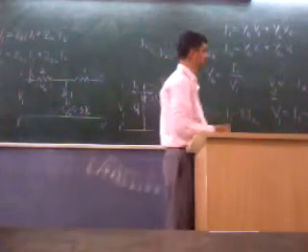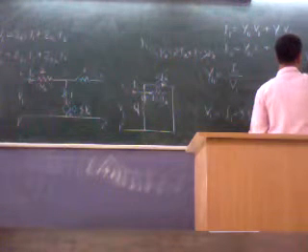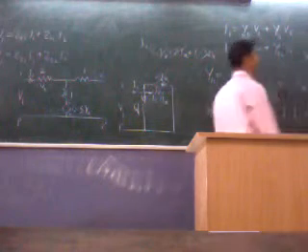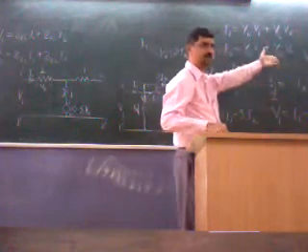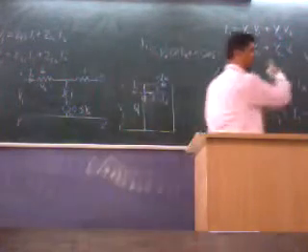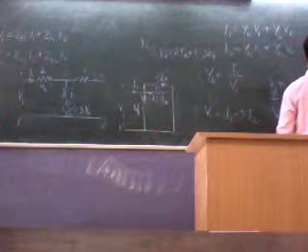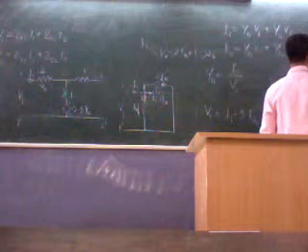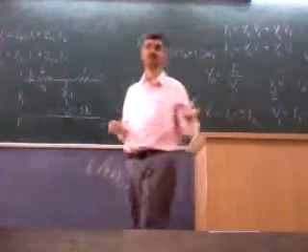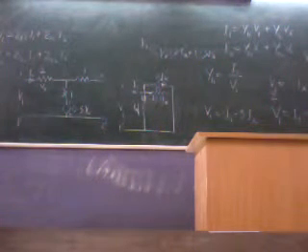Take it on the other side. V1 plus 3V1 upon 2 is equal to I1. What is Y11? Multiply by 2 everywhere. 2V1 plus 3V1 is equal to 2I1. That is 5V1 is equal to 2I1. I1 upon V1 is 5 by 2. Y11 is 5 by 2. So complete the remaining parameters.